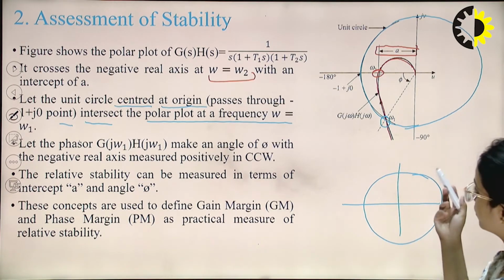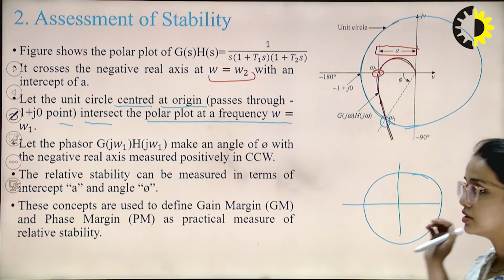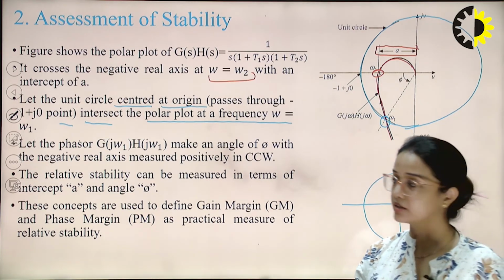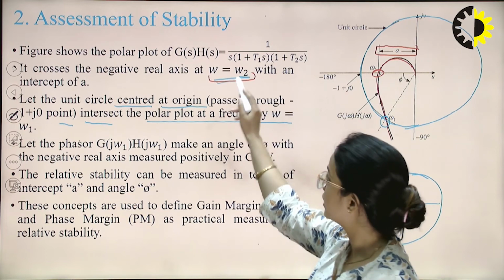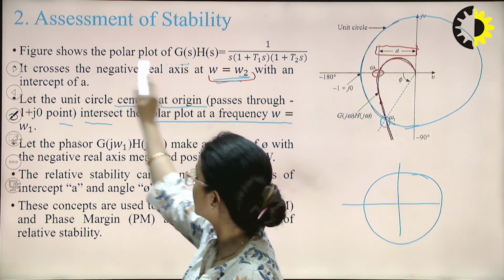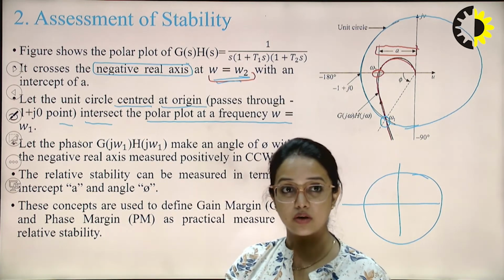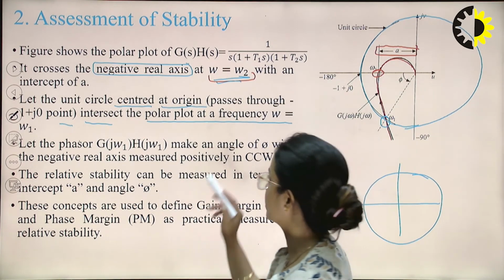Now, we have two frequencies here. One is omega equals omega 2, where the polar plot intersects the negative real axis, and the other is omega equals omega 1, where the polar plot intersects the unit circle.